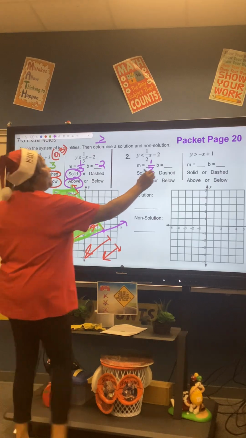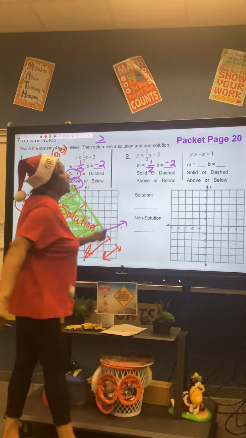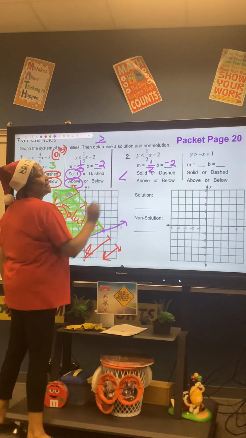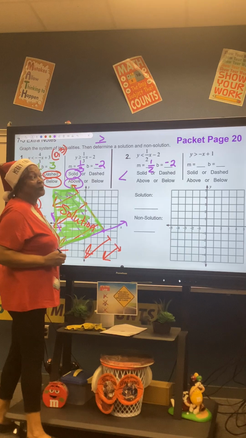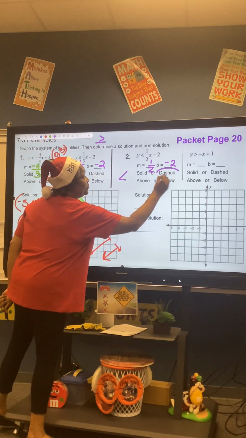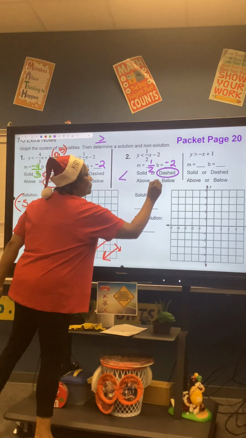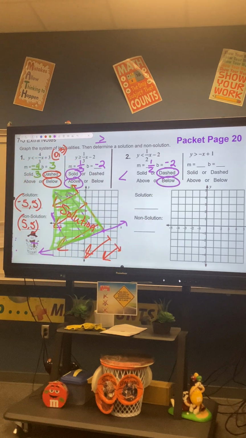All right, so my B value is negative 2. My inequality sign is a less than sign. Is it dashed or solid? It's dashed. The only time it's solid is when you have the line underneath it. It's a less than sign, so am I going to shade above or below? Below. Let's get that part right.